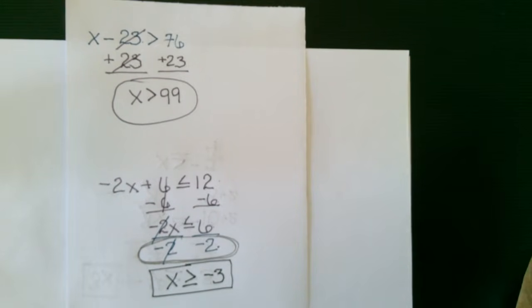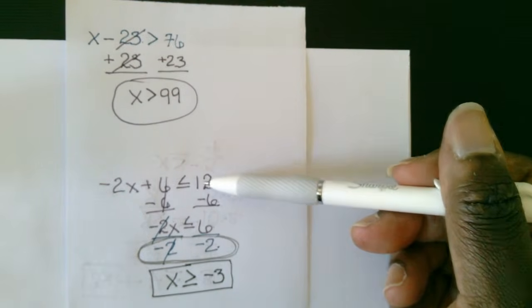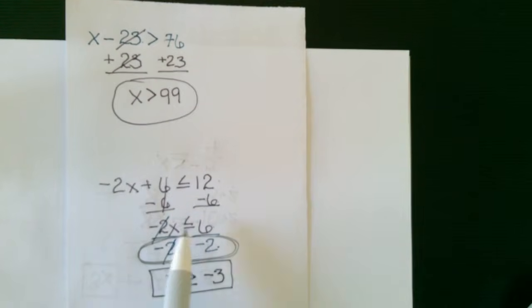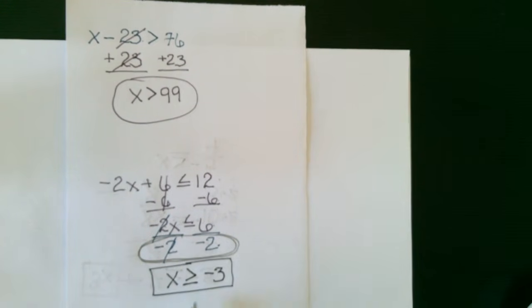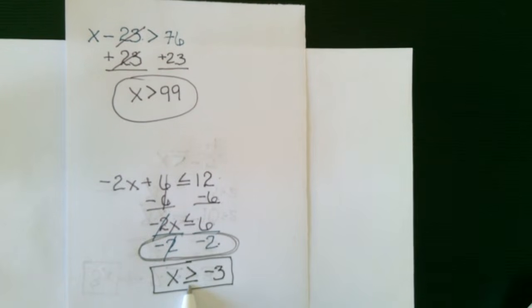That's going to be key when you're looking at the SAT, the ACT, any of those standardized tests. Because just knowing, once you get to this point and you know you're going to divide both sides by a 2, you know you're going to have to flip your inequality sign.